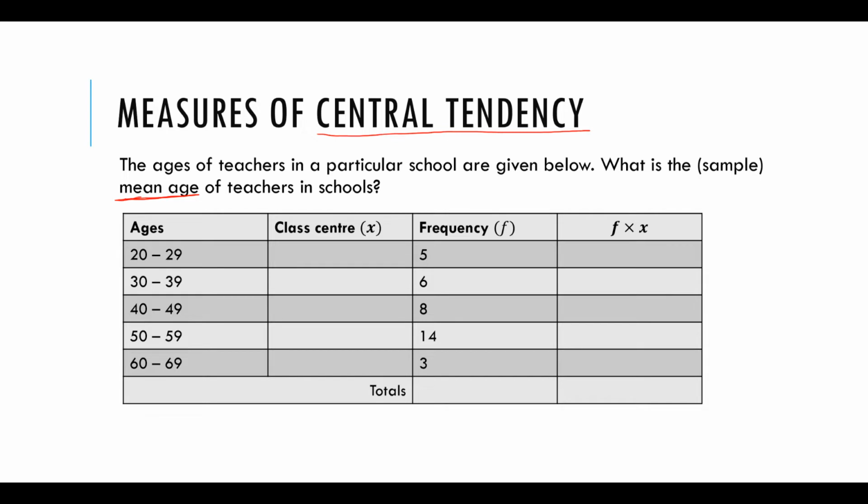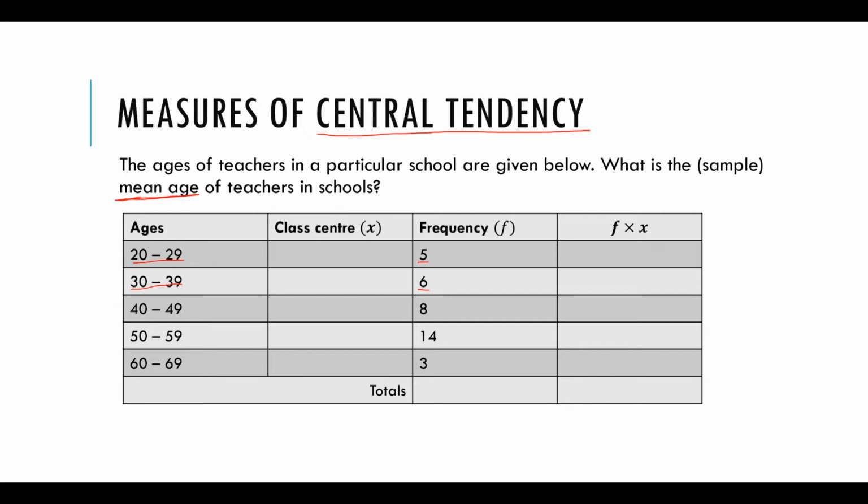Here it's ages of teachers at a school, so 20 to 29, 30 to 39, 40 to 49, and so on. Class centre I'll come to in a second. The frequency, the third column, just says how many people at the school are in the age bracket on the left. There are 5 people in the age bracket 20 to 29, 6 in 30 to 39, and so on.